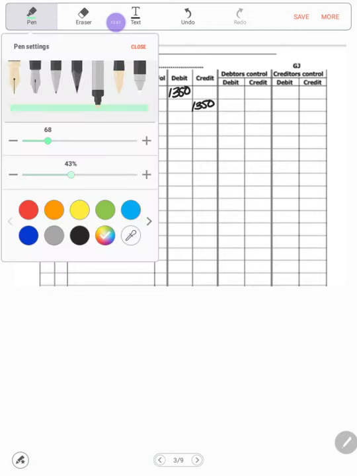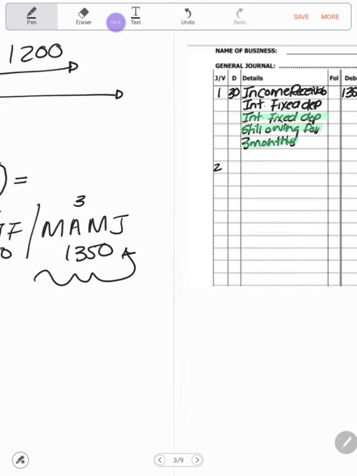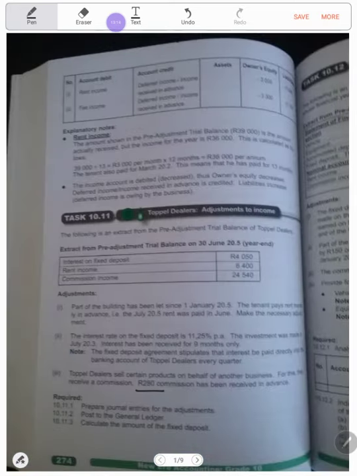Moving on to our second journal voucher entry. It's also on the 30th, so we don't have to be repetitive. So what is the next account that we are dealing with? We are dealing with our income that has been received in advance. So these two have been received in advance. Let's do it.